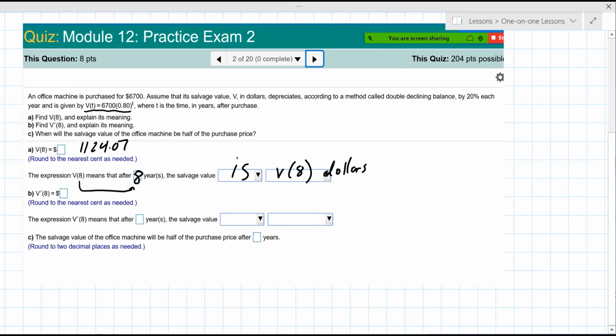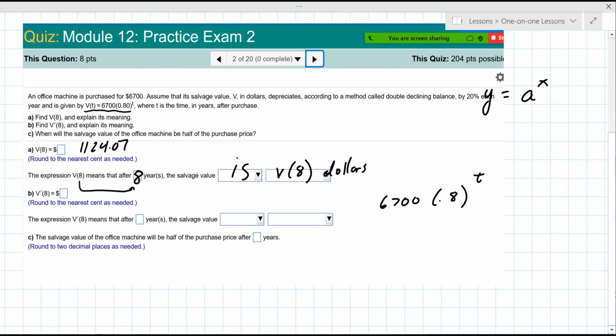Okay. The derivative. You have to be able to find the derivative of this, or use some online calculator to find it. So would it be 6,700 times 8 times 0.8 to the 7th power? No, this one is a number to a variable.